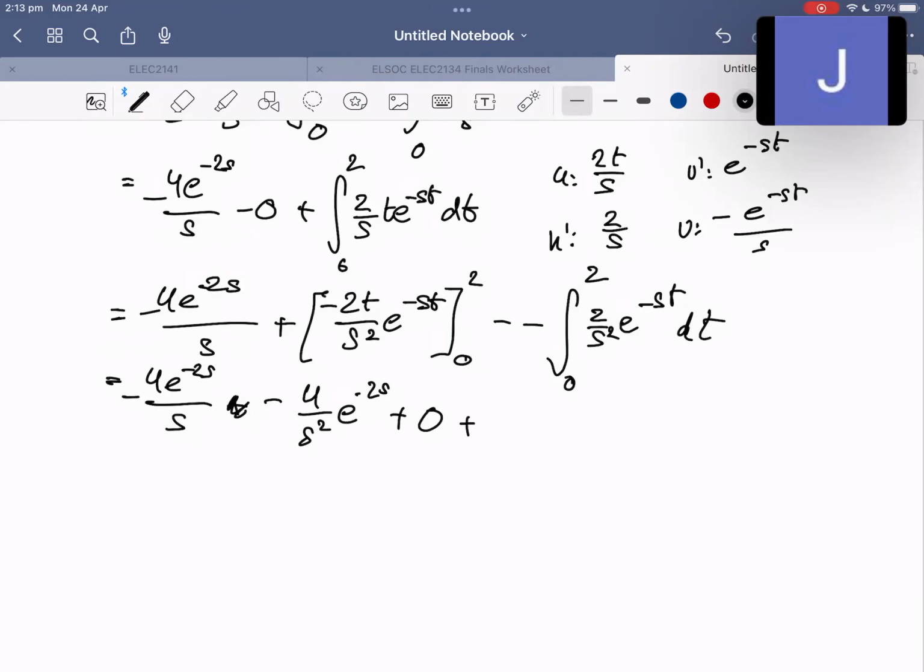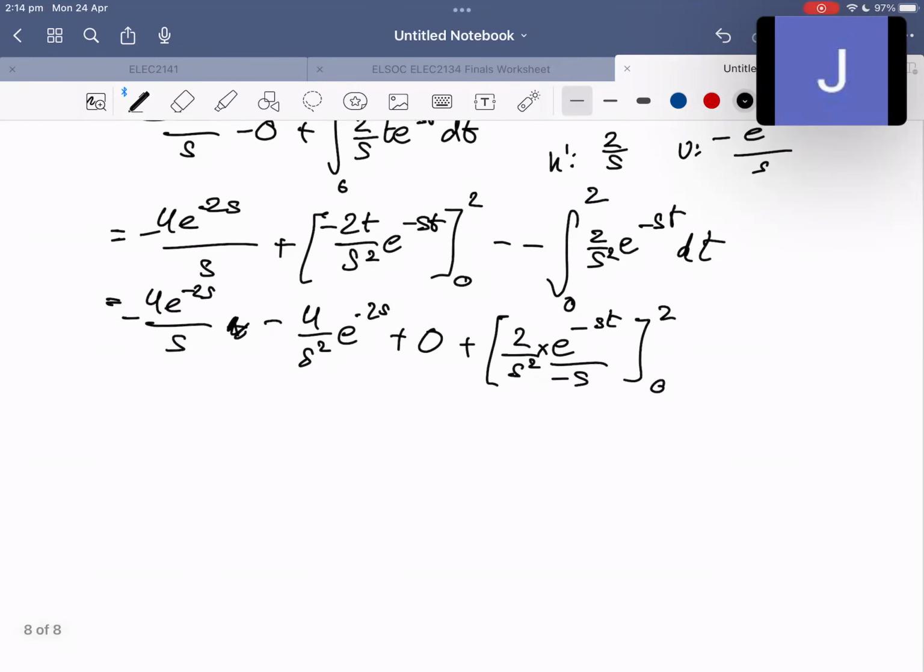And then we've got the integral between 0 and 2 of this exponential, which I can write as 2 on s squared e to the minus st over minus s, evaluated between 0 and 2.